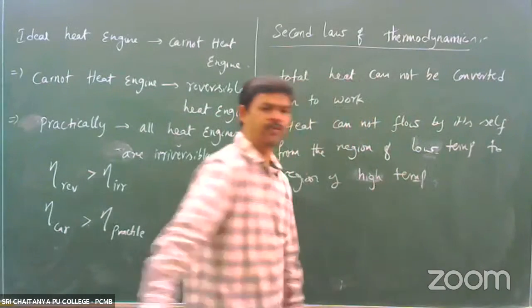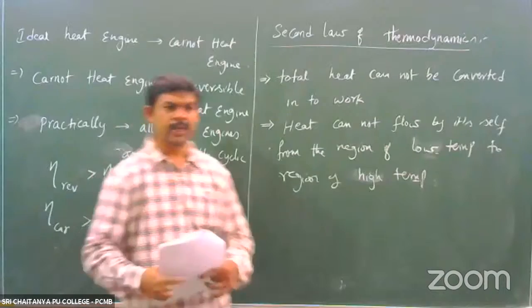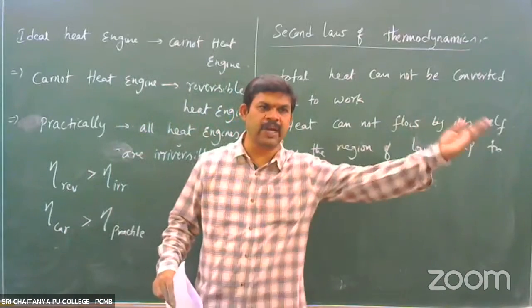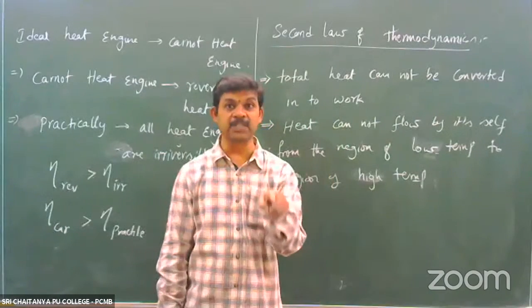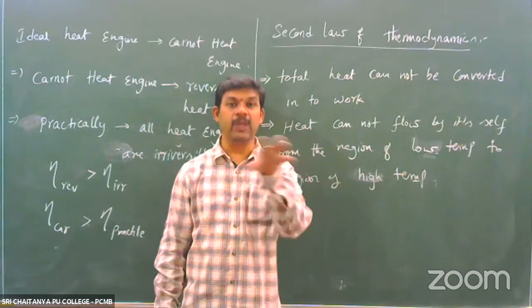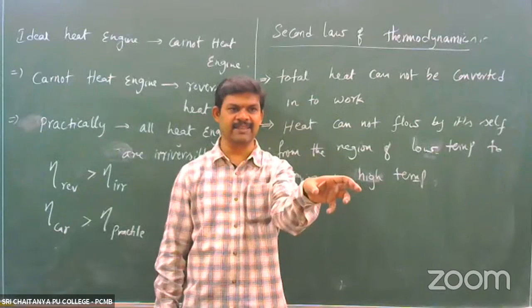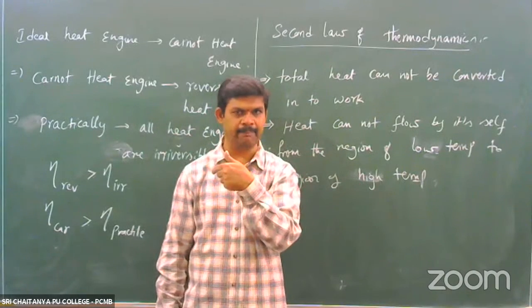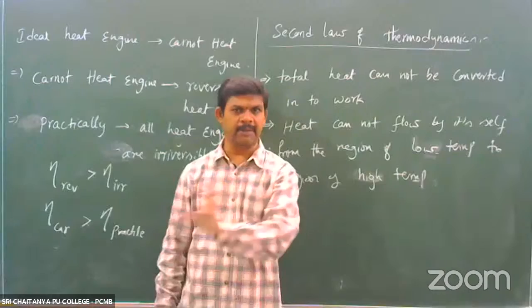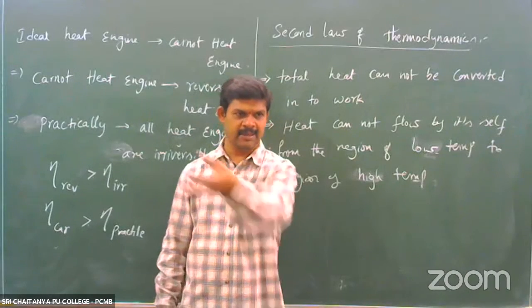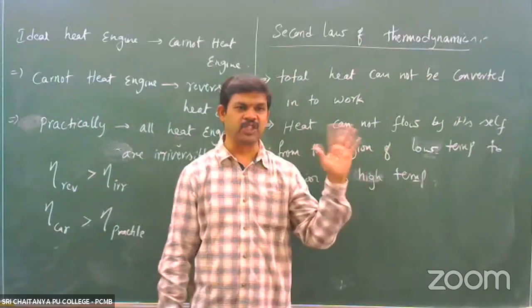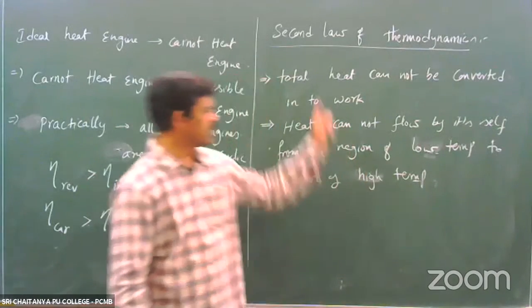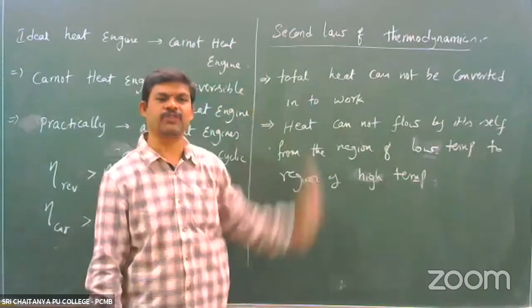We know heat flows from high to low. Can it flow from a low temperature region to a high temperature region by itself? No, it is not possible. When is it possible? By using an external agency. In the refrigerator, we are doing the same, using some machine like a compressor. By itself, it is not possible. These are the simplest forms of the second law of thermodynamics.